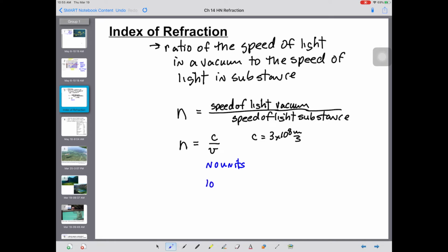The lowest value you can possibly get for the index of refraction would be 1. And that would occur if the speed of light did not change from a vacuum. You would just have c over c, or 1. Realistically, these values will range from 1 up to about 2.5. So you're not looking at a very large range of different indices of refraction.